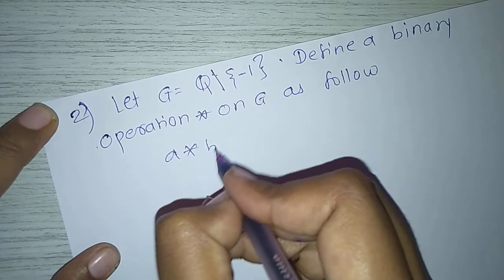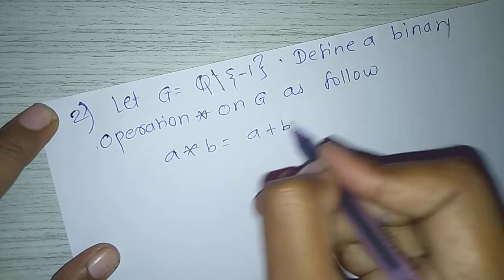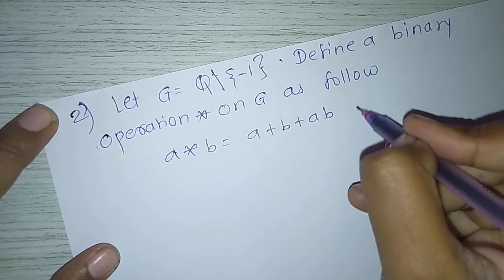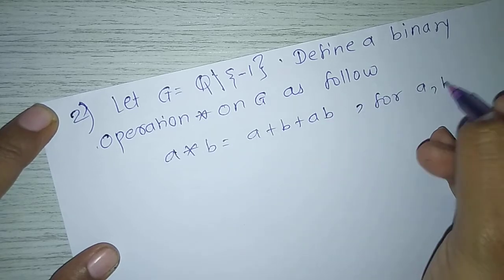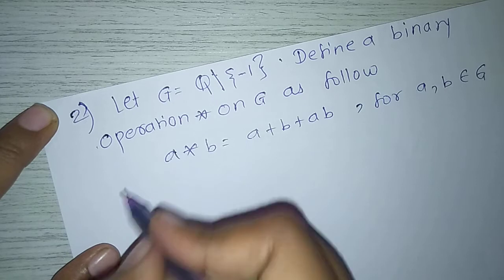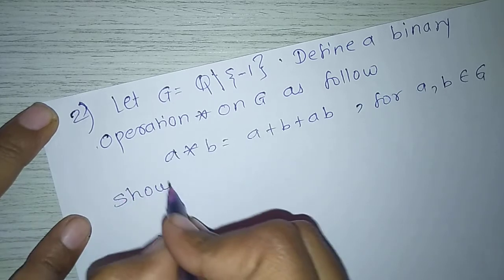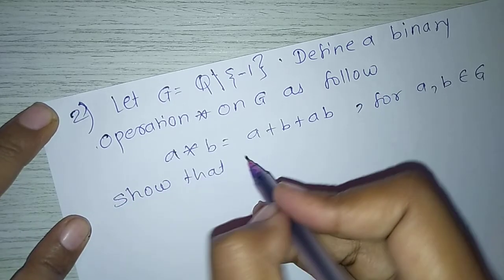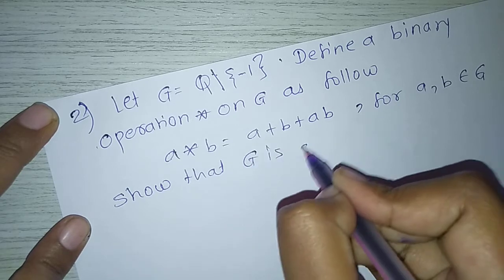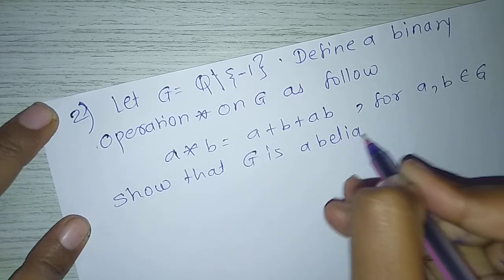A star B equals A plus B plus AB for A, B belong to G. Show that G is an abelian group.